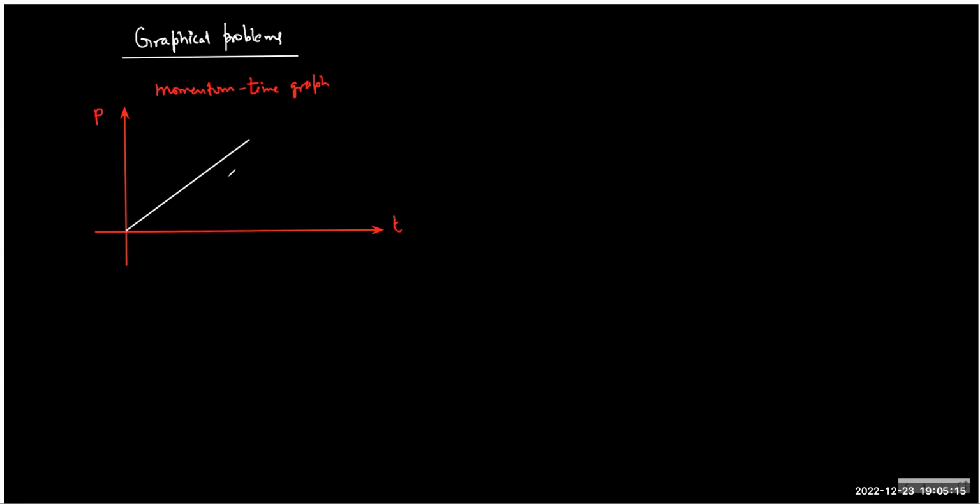By definition of force, you can see P is on the y-axis and t is on the x-axis, right? So this is basically dy by dx, which in mathematics we call the slope of the graph. So you can say the force is nothing but the slope of the momentum time graph.